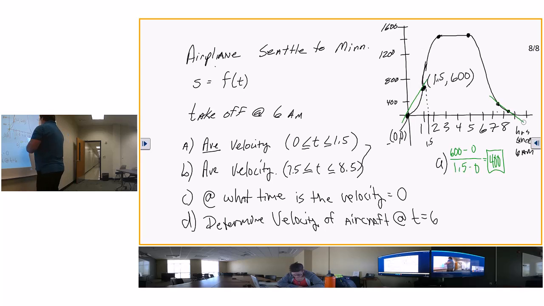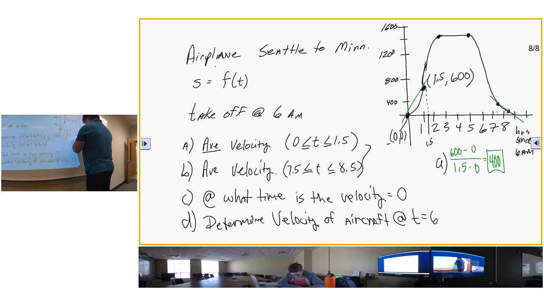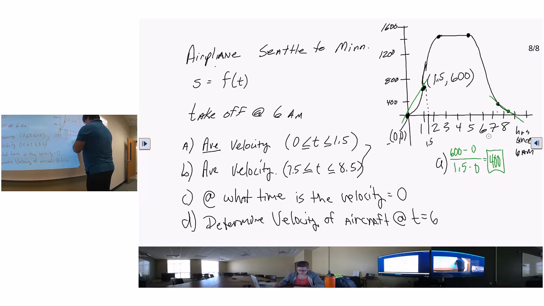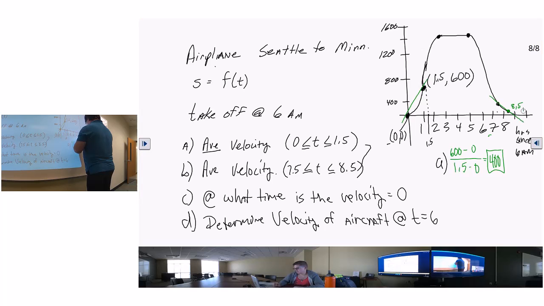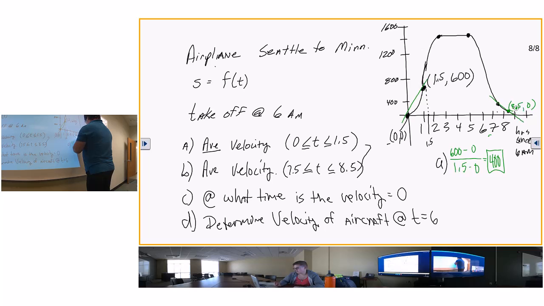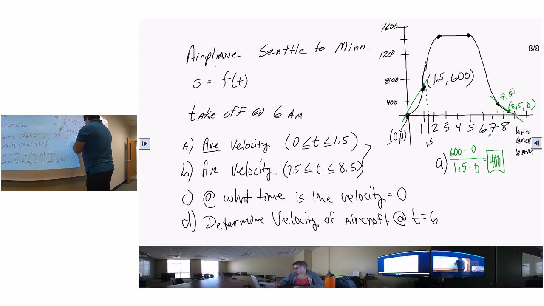So this is going to be just about 0. This is 8.5, comma 0. And this is 7.5, comma 300.